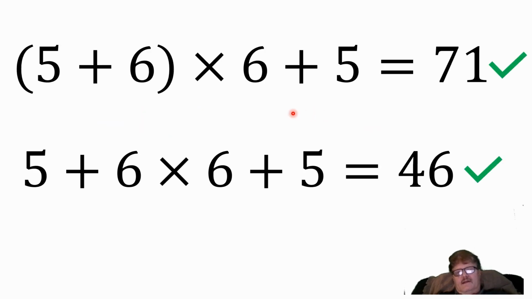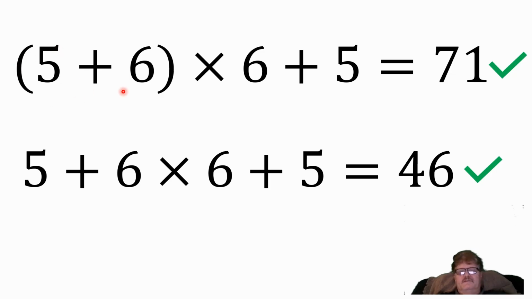Now, when we talk about parentheses, people will say, well, wait a minute, it's not 46 because you have to have parentheses around the 6 times 6. In fact, you have to have parentheses to get 71. In order to get 71, you would have to prioritize 5 plus 6. Well, how do you prioritize things within the order of operations?